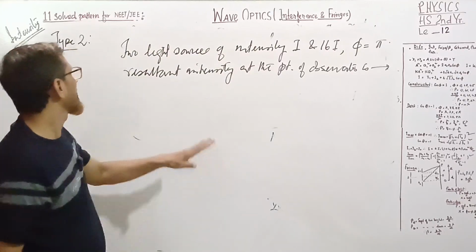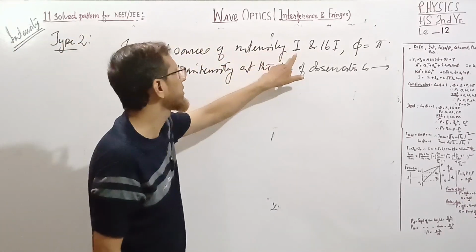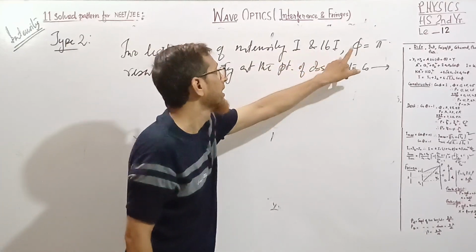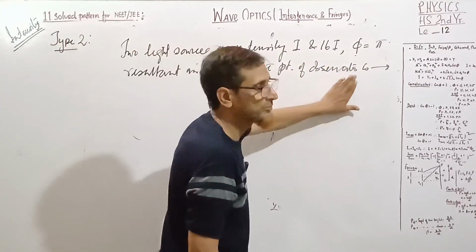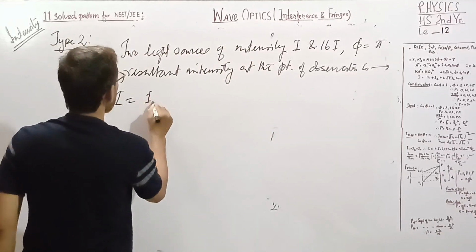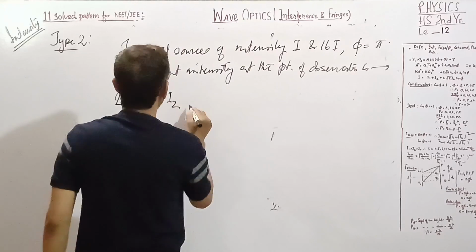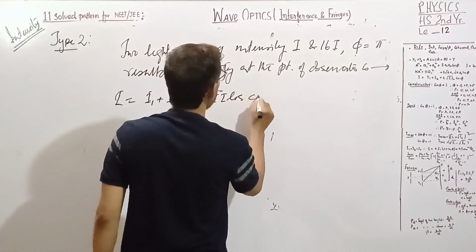Now the next question is again very simple. Two light sources of intensities I and 16I, and phi is equal to pi. What is the resultant intensity at the point of observation? I is equal to I1 plus I2 plus 2 root over I1 I2 cos phi.